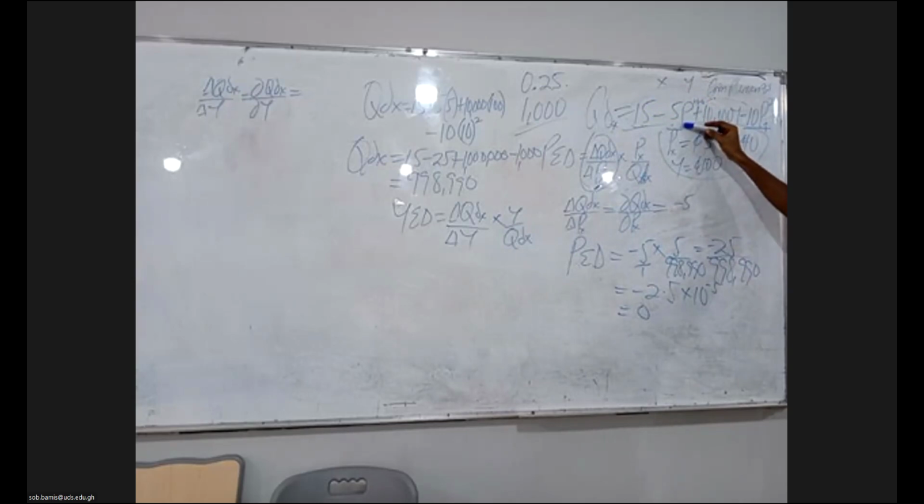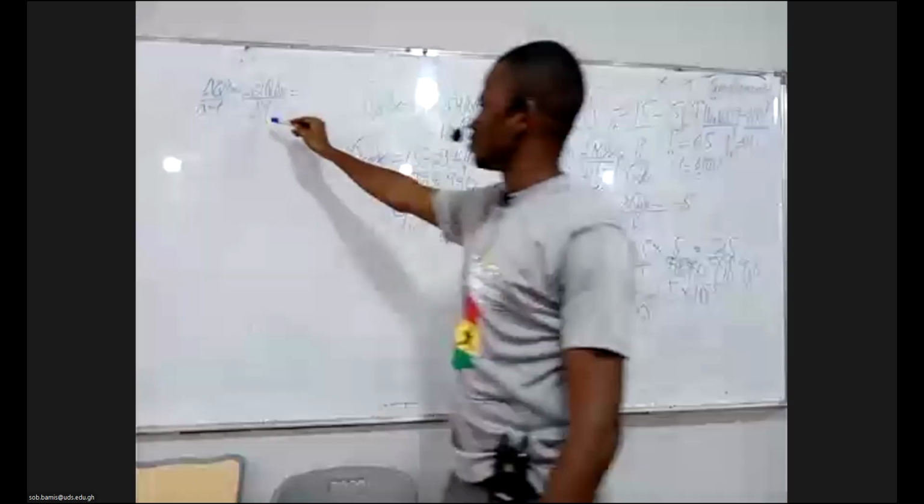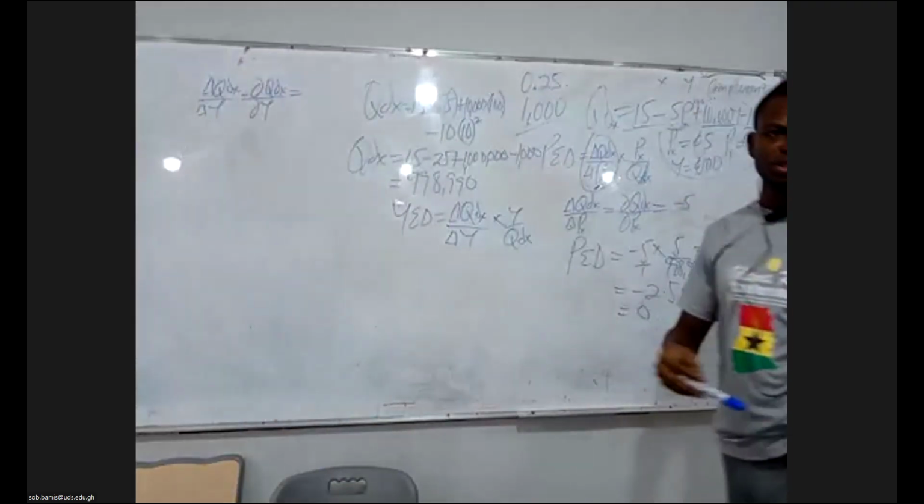0. Here we have minus 5Px. Do we have Y in that term? No. So that also gives us 0. Here we have positive 10,000Y. There is Y in that term. So we can differentiate that term with respect to Y. How do we do so?